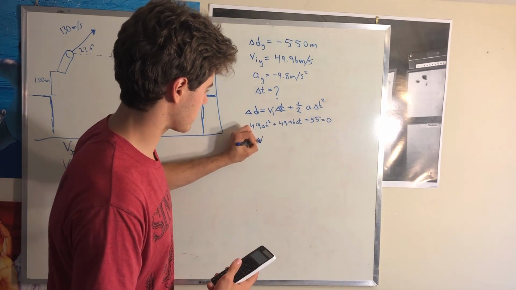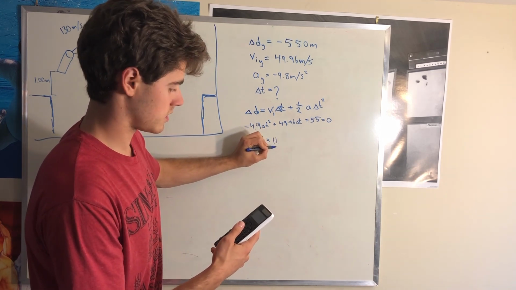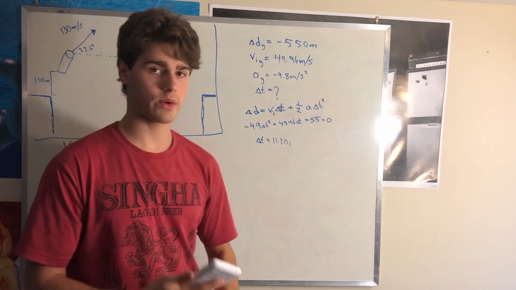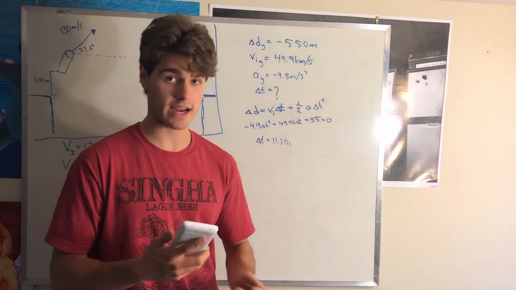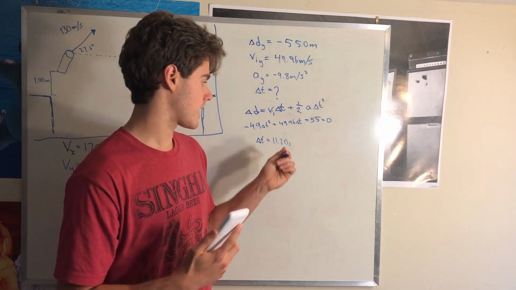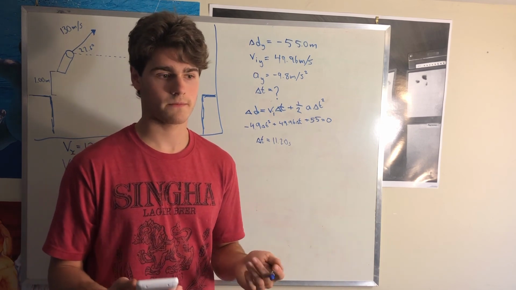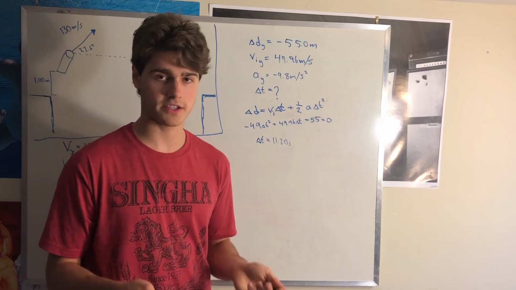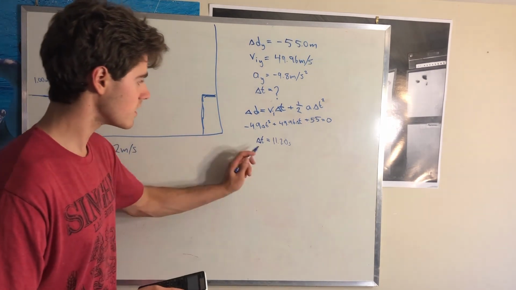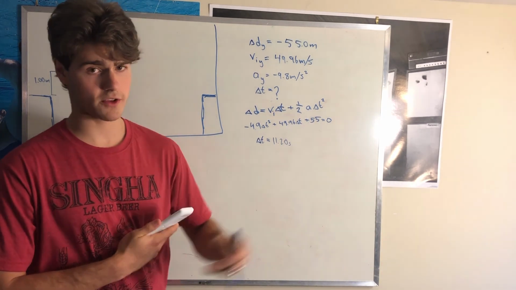So I know that T equals 11.20 seconds. When I did this in my calculator, I got two values, one negative and one positive, but time cannot be negative. So yes, technically this equation would have two solutions, but in physics, we just got to go with practical values that we can use, and of course we cannot use a negative value for time. So it takes 11.20 seconds for our ball to hit the other side of the gorge.